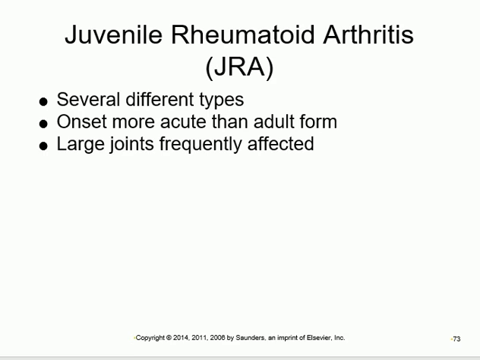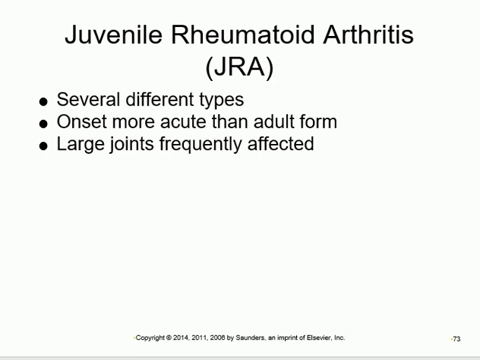The one unique thing that happens in juvenile RA is that the RA factor is not there. You cannot see the RA factor. What's the RA factor? If you have rheumatoid arthritis, the normal people having rheumatoid, I mean older people having rheumatoid arthritis, I can get a blood sample and I will see the RA factor. Juvenile, they don't have the RA factor. Unique enough? So what's unique here?